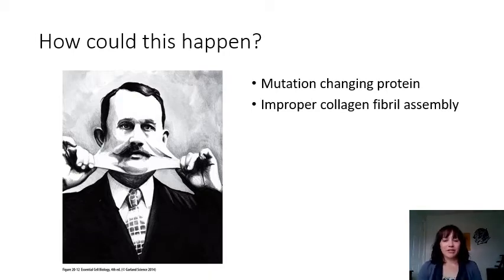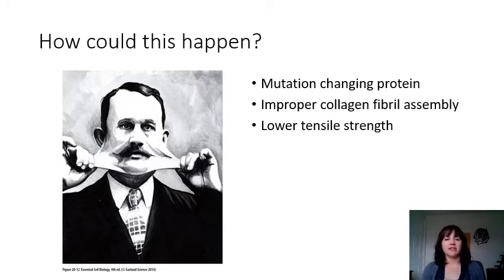So in this mutation, the mutations in the collagen prevent it from forming fibrils correctly. And so because these fibrils aren't arranged in the proper orientation, they cannot provide that tensile strength to the skin that is required. And so it's going to be very loose and stretchy in this individual.